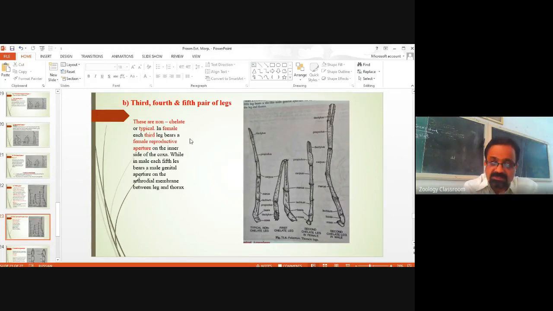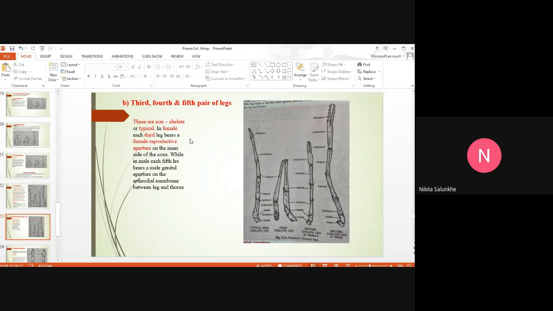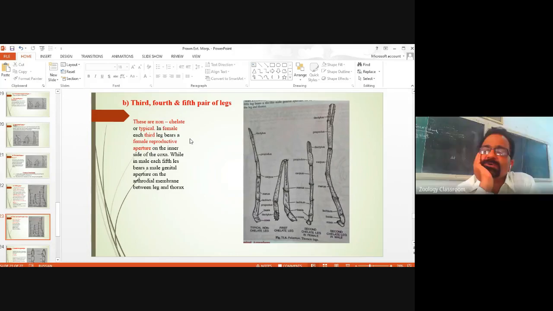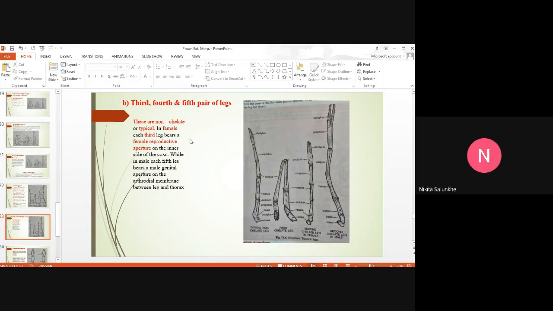Then comes, so can you recite the apertures which are present? How many apertures are there? You tell me the apertures present on the body. Male genital aperture, female genital aperture, mouth, sorry, antennules aperture.